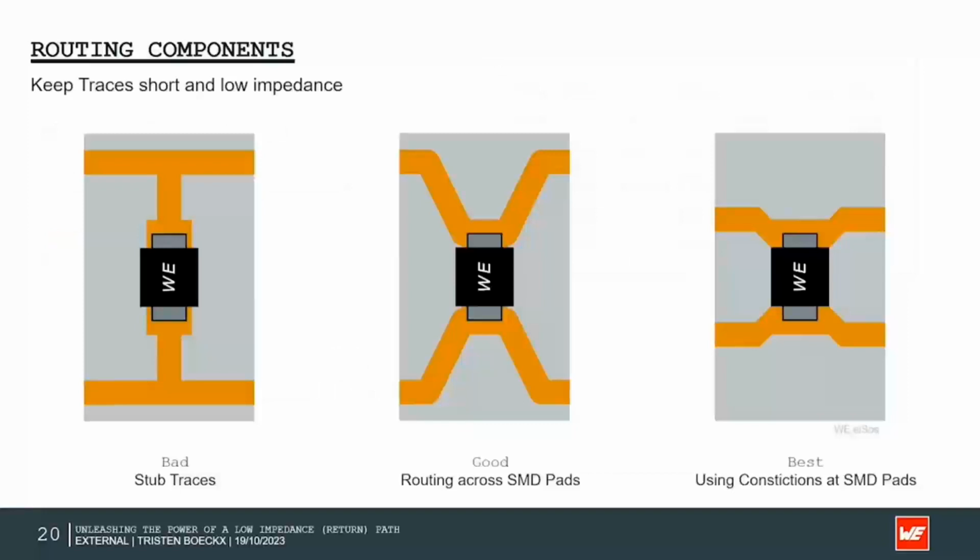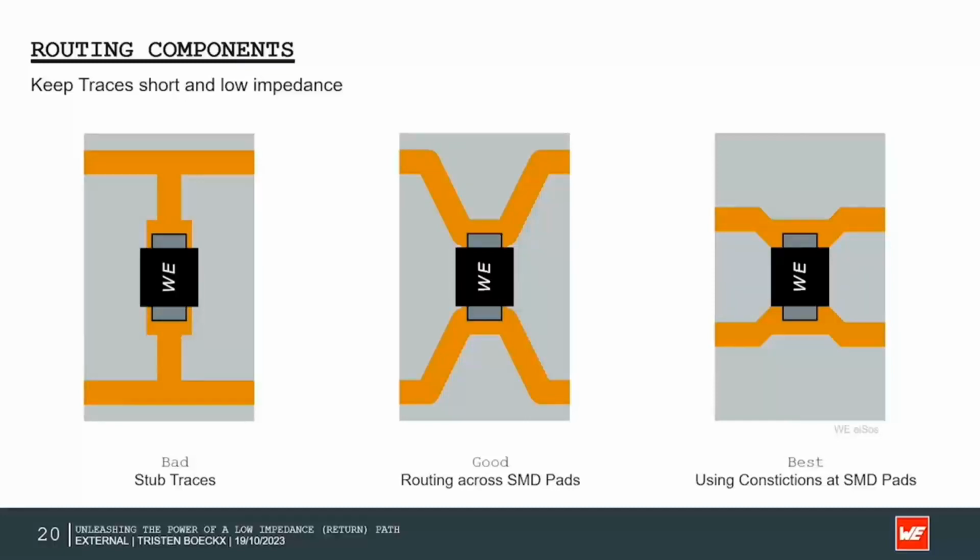First on the left, we see traces both above and below the component that are longer. This introduces an inductance but creates, at a higher frequency, an impedance, which will cause the component, for example the capacitor, to not be able to work as well as intended.